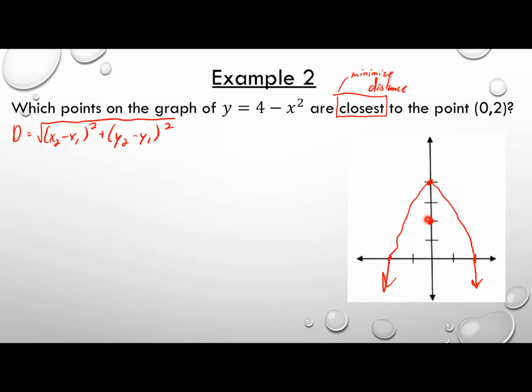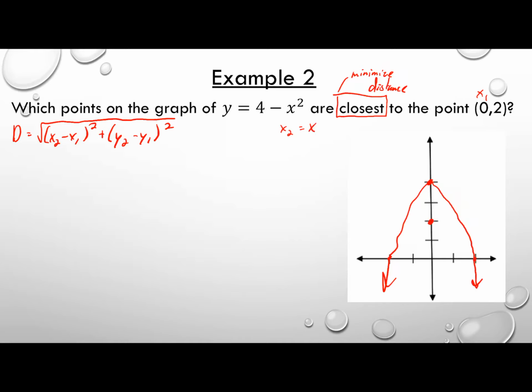Okay, so let's see. Well, x2 and x1. Let's make this our x1. The order doesn't really matter. We're going to make that our x1. Well, what's our x2? It is a point on this curve. We don't know where on this curve it is, but we know it's an x value. So our x2 is actually just going to be x.